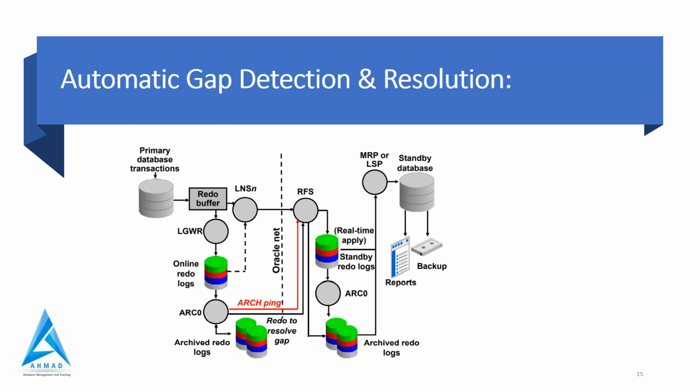So the better method is to use a shell script to check the gaps and the down status of the standby, and then you will get the mail. By that you can check that this production standby database is down and see what is going on there. Clear?